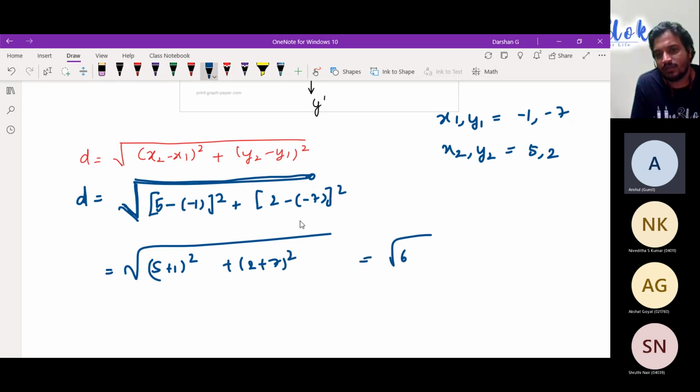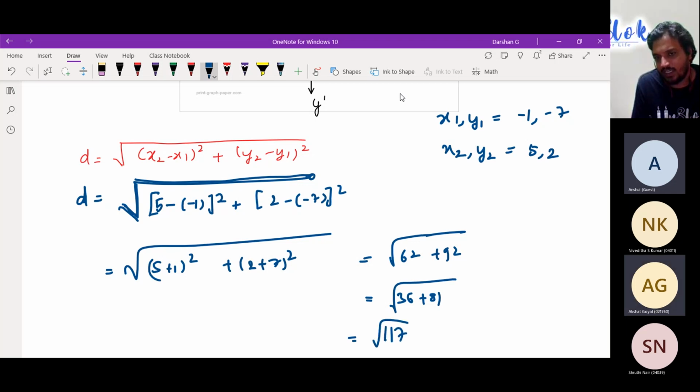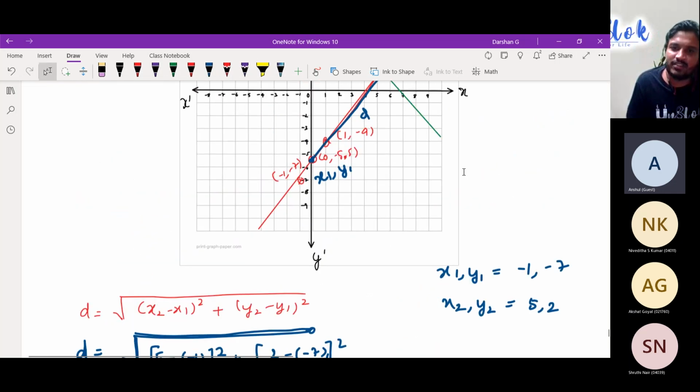The answer is root of 6 square plus 9 square. 6 square is 36 plus 81, root of 36 plus 81. 36 plus 81 is 117, which is under the root. If I calculate, the answer is around 11 point something.